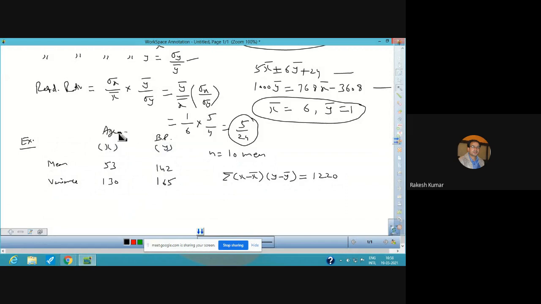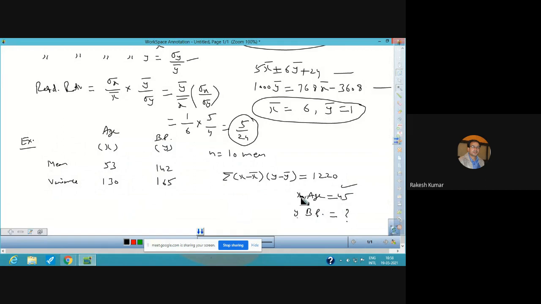So you have to estimate the blood pressure of a man whose age is 45. Blood pressure means Y. You want to estimate Y when X is 45. So it means you require the regression equation of Y on X.